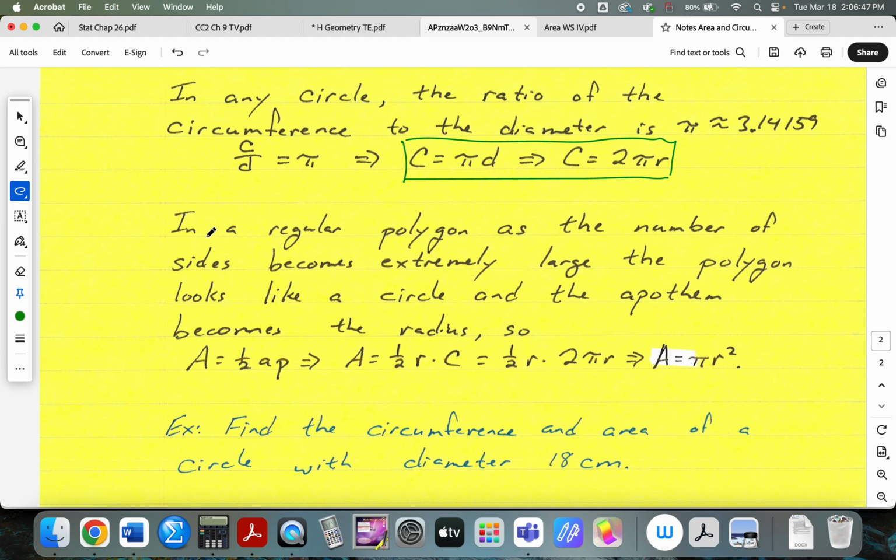Now, if we have a regular polygon and you get more and more sides, let me show you what I'm talking about. If you've got a regular quadrilateral, it doesn't look very much like a circle, does it? But if I go to 6 sides, does that look more like a circle?